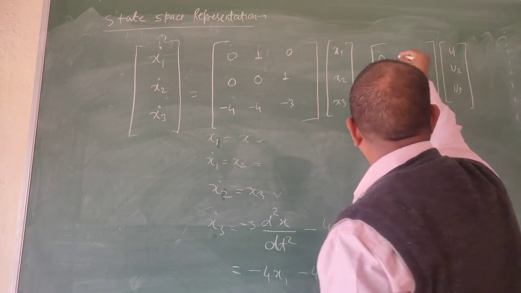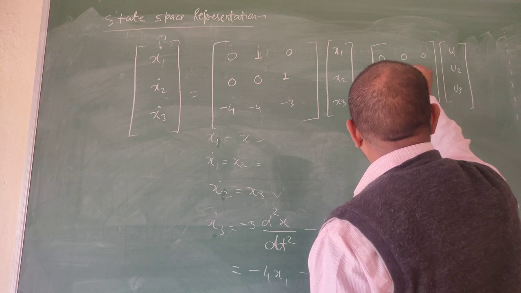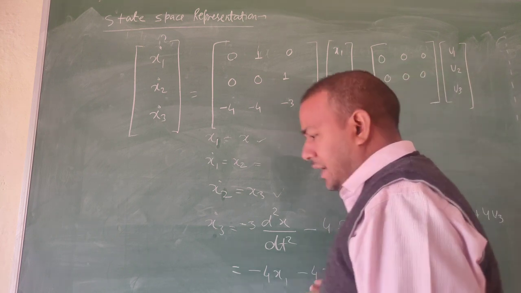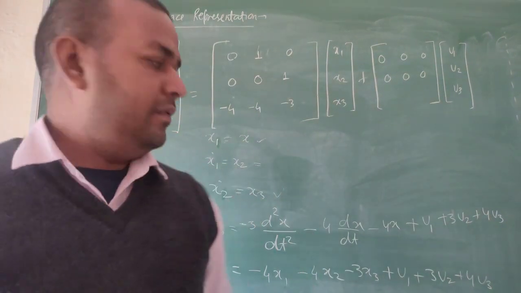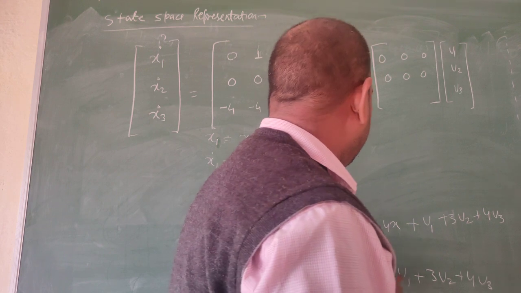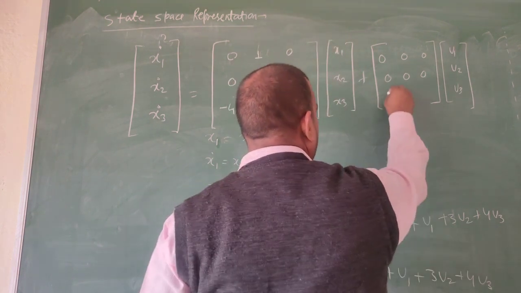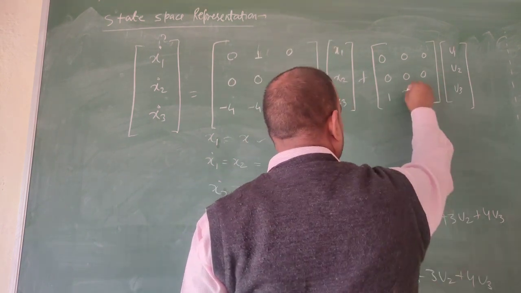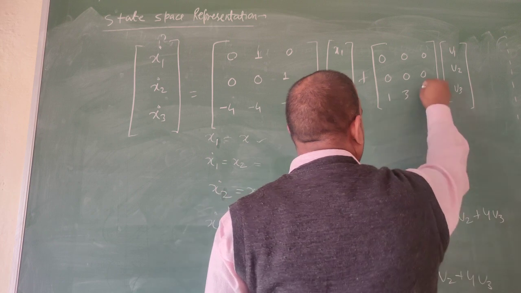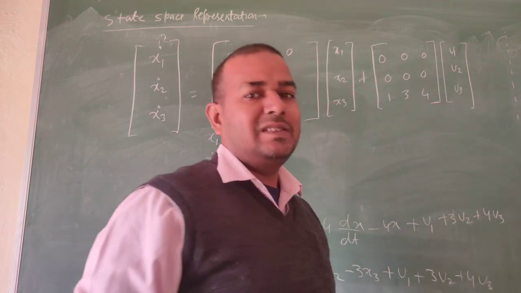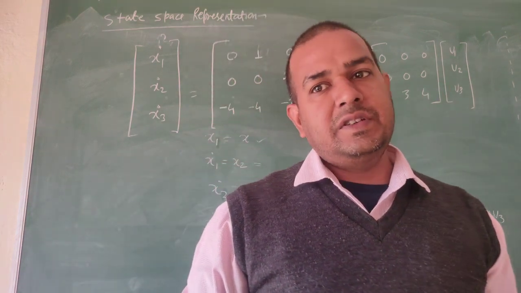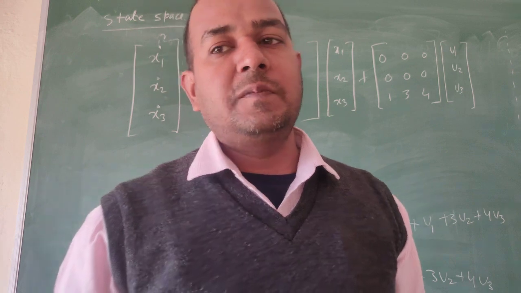So here we can write 0, 0, 0, 0, 0, 0, and for the last row we write 1, 3 for u2, and 4 here. So this is your state equation, x dot equals Ax plus Bu.